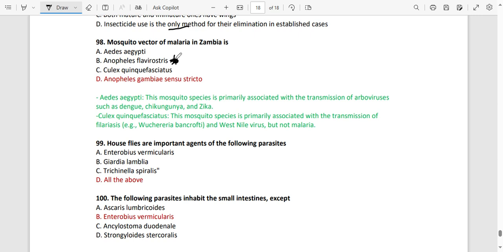From the source I use, it's not there. Culex quinquefasciatus is associated with Onchocerca, Bancroftian filariasis and West Nile virus. Anopheles gambiae sensu stricto is the one that is going to cause malaria, together with funestus.